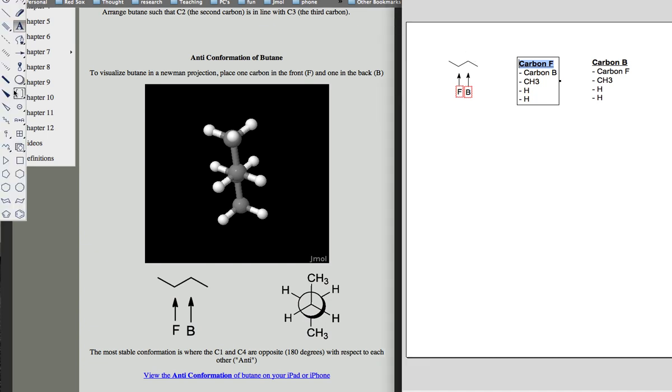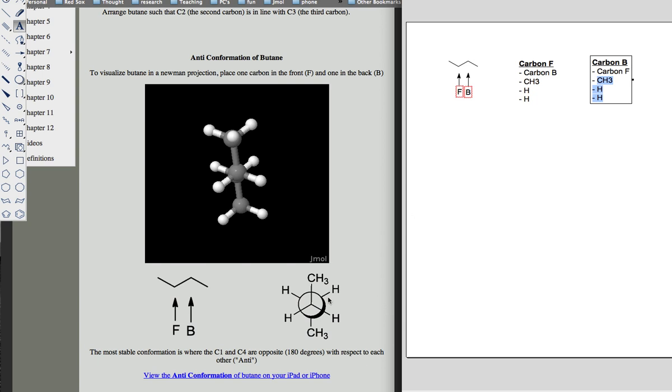When you go to draw your Newman projection, you're then going to draw something like this. And on the front, you simply add the three substituents that do not include the back carbon. And on the back carbon, you simply add the three substituents and exclude the front carbon.